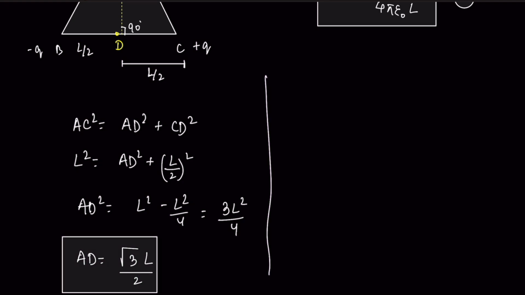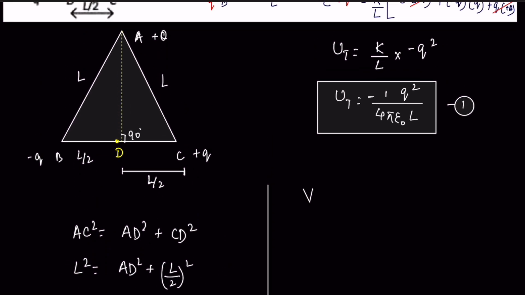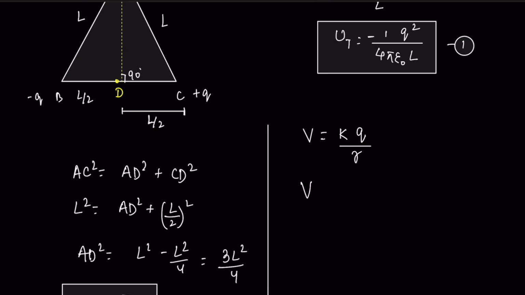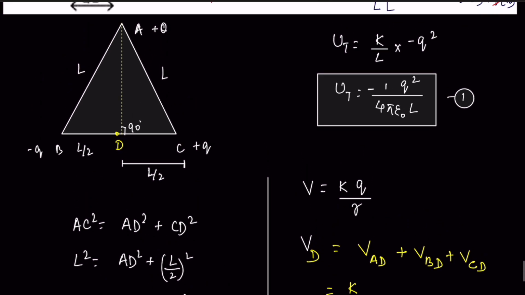Now we can use the potential formula. V is equal to K Q by R. This is the formula of a potential. So here the potential at point D is equal to the potential due to A plus the potential due to B plus the potential due to C. Now the potential due to A is equal to K, charge of A is how much?